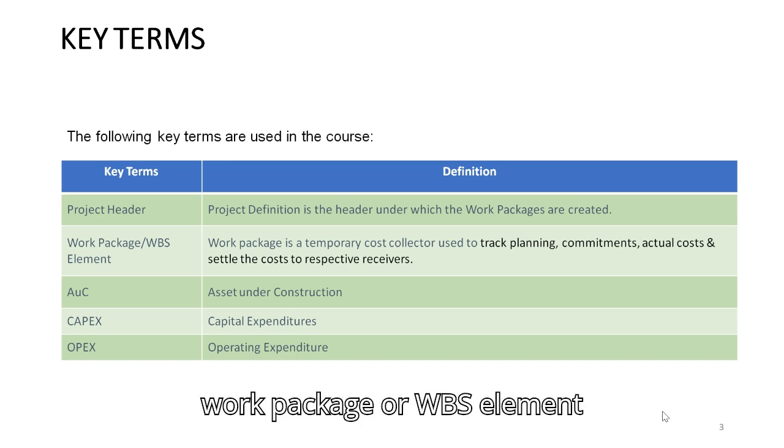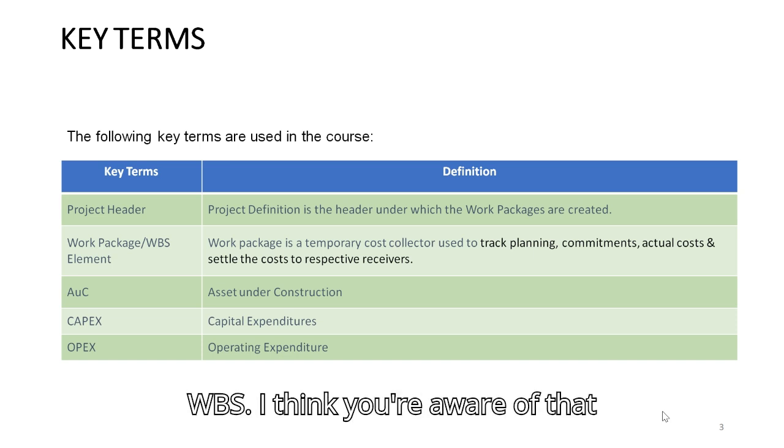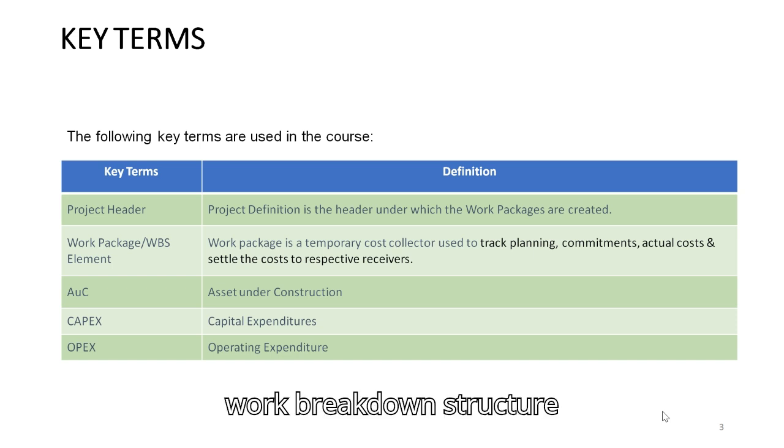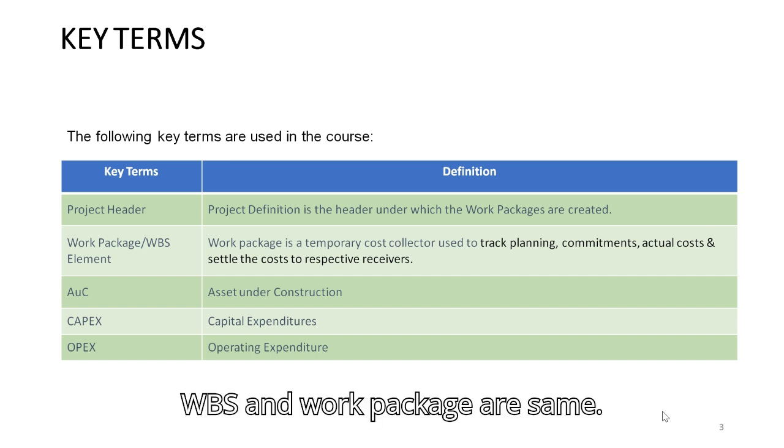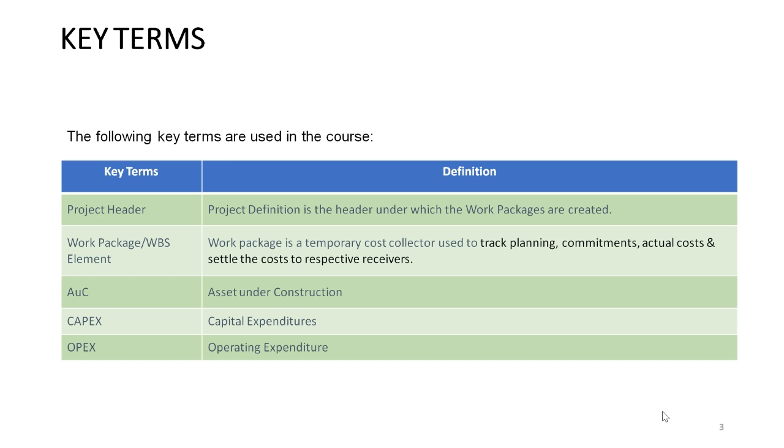Work package or WBS element. WBS, I think you are aware of that, work breakdown structure. Both the uses of WBS and work package are the same. It's just the structure and compatibility of these that are different.